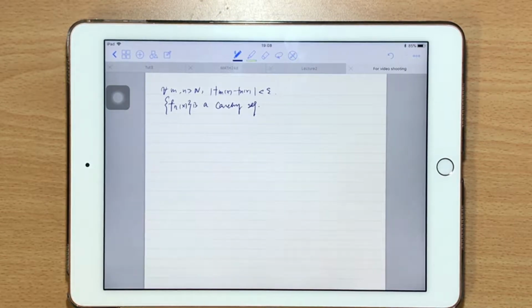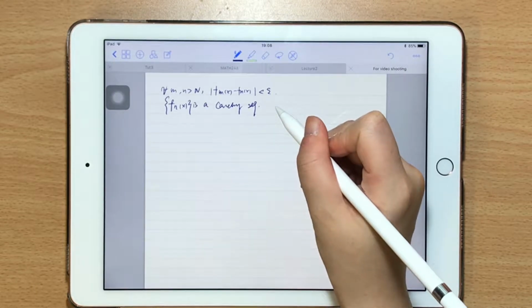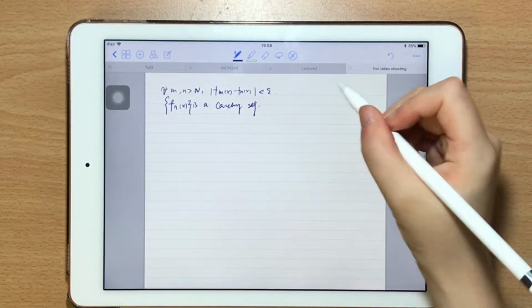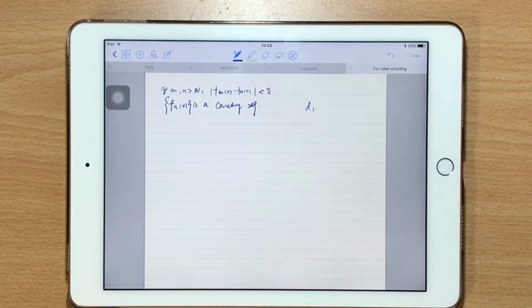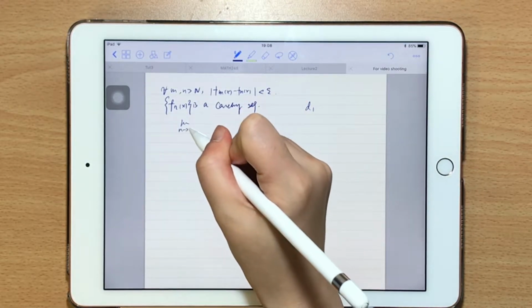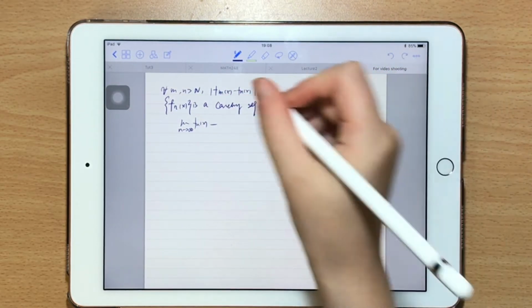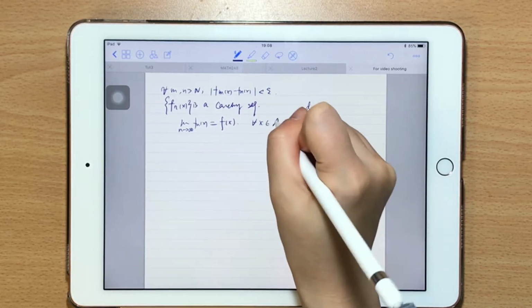So we just assume that this Cauchy sequence of functions is convergent under the d1 distance. So we will have the limit of f_n(x) goes to f(x), for each x in A.